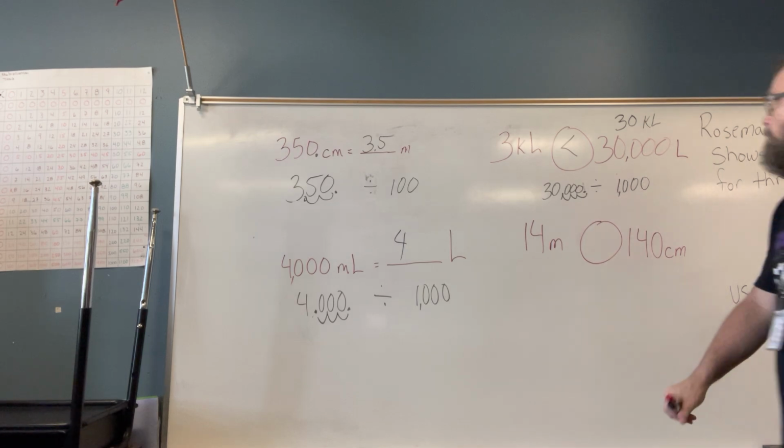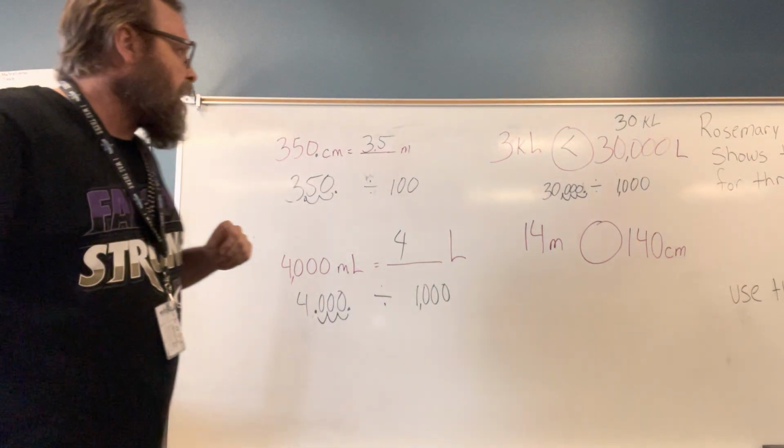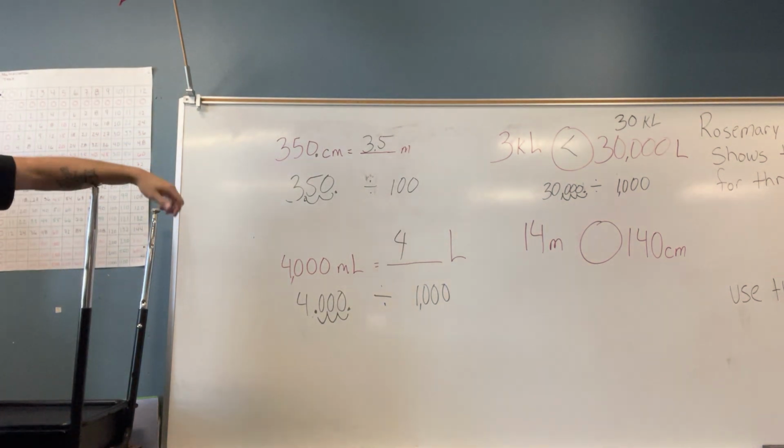No problem. All right, and lastly, we have 14 meters and 140 centimeters. We're doing this inequality, so we have to find out less than, greater than, or equal to.